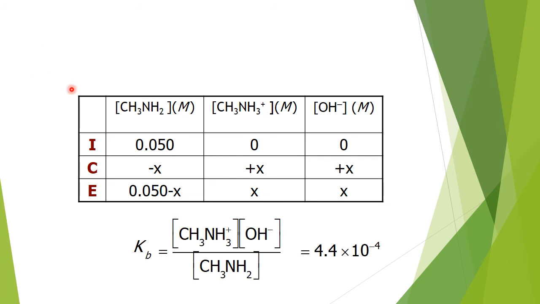Okay, so here we are. We set up the ICE table, and you got initial concentration 0.05, goes down by x, plus x, plus x. Okay, and here's our equation, and again what we're going to do is ignore x, so it's going to be x squared over 0.05 equals 4.4 times 10 to the minus fourth.